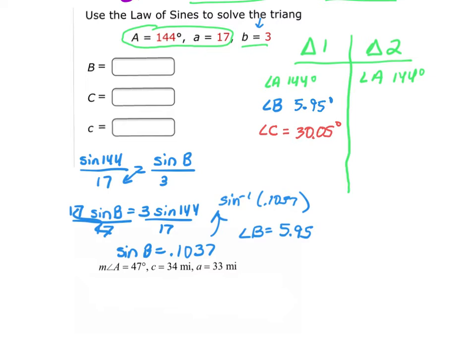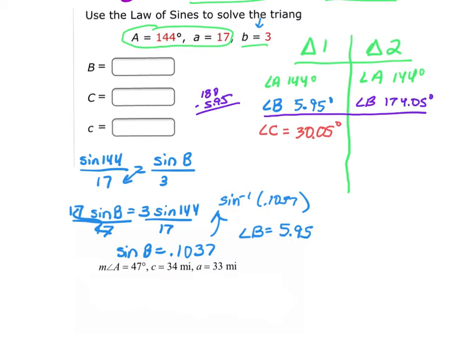Now, to find out if there was a second triangle, you find the supplement of the second angle that you found. Supplement means it adds up to 180. So I'm going to say 180 minus 5.95, and I get that angle B, if there was a second triangle, would be 174.05 degrees.